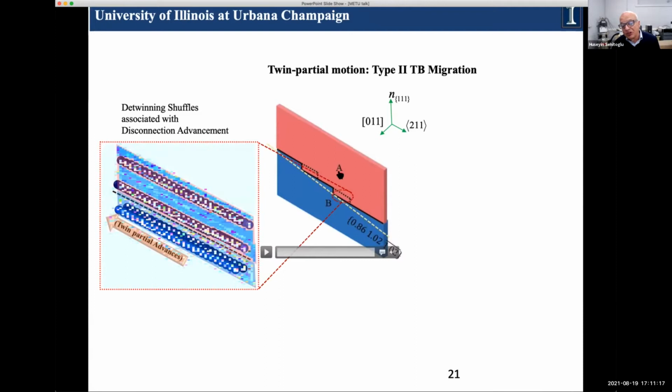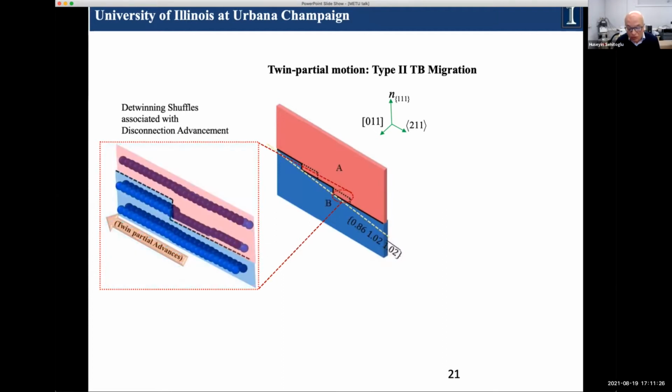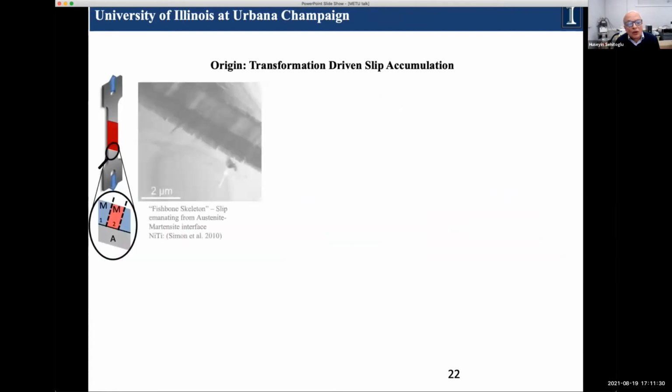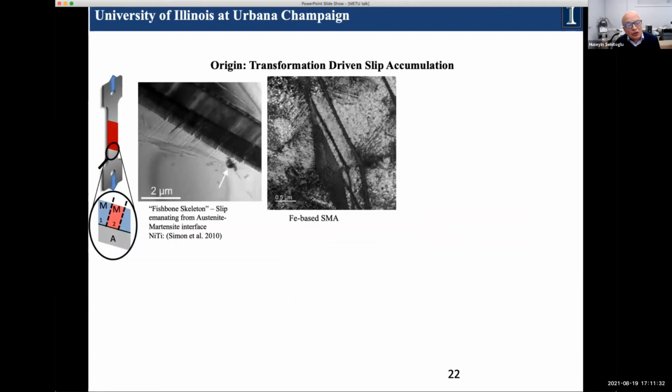So this is variant A, variant B. So it's an internally twinned structure in martensite. The important thing to note is that this is the twin variant here, M1, M2, and that's the martensite.